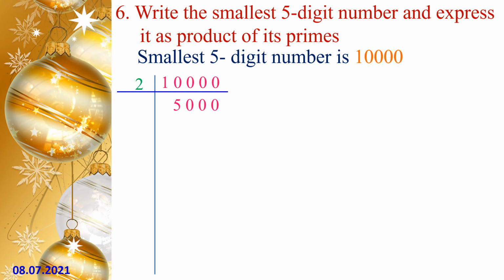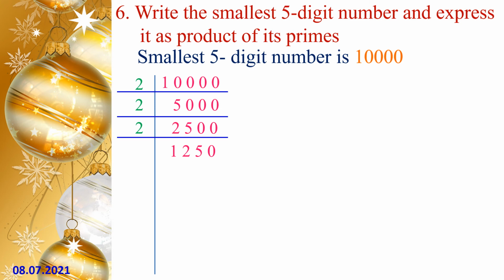5,000 is an even number, so it is divisible by 2. 5,000 divided by 2 we get 2,500. Now 2,500 is an even number, so it is divisible by 2. 2,500 divided by 2 we get 1,250.